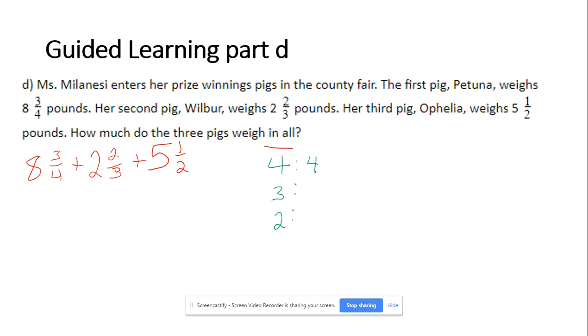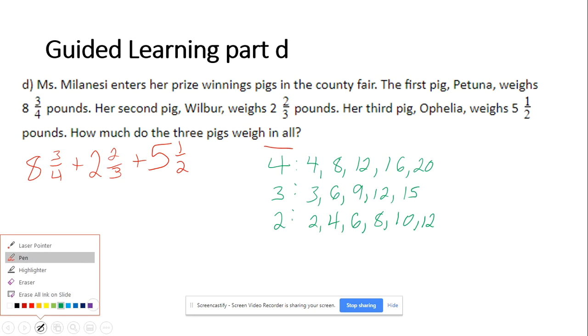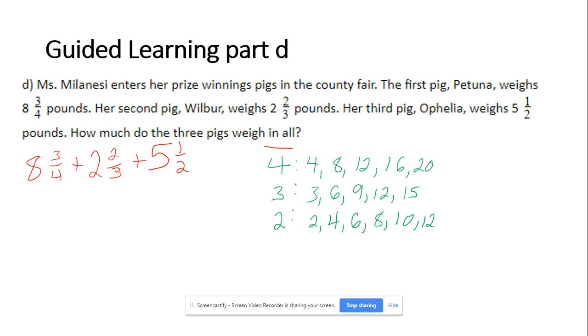Let's see. 4, 8, 12, 16, 20. 3, 6, 9, 12, and 15. 2, 4, 6, 8, 10, and 12. I'm going to look at all of these lists, and I'm going to see the one number that appears in all lists. Starting with 4, I can see that it's in the list of multiples of 4 and the list of multiples of 2, but it doesn't appear in the list of multiples of 3, so 4 is not going to be one of our common denominators.